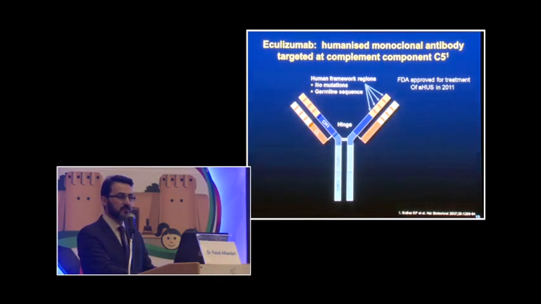But thanks for the new medication, which is called eculizumab. This is a humanized monoclonal antibody targeted at complement component C5. This was FDA approved for treatment of atypical HUS in 2011.